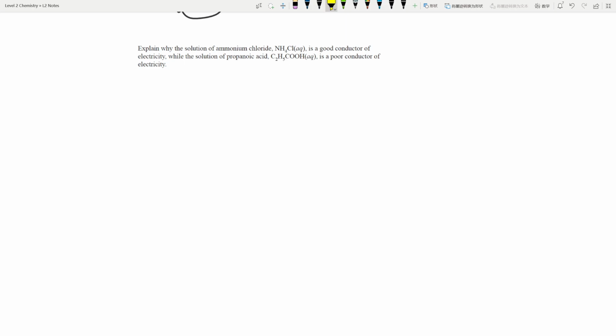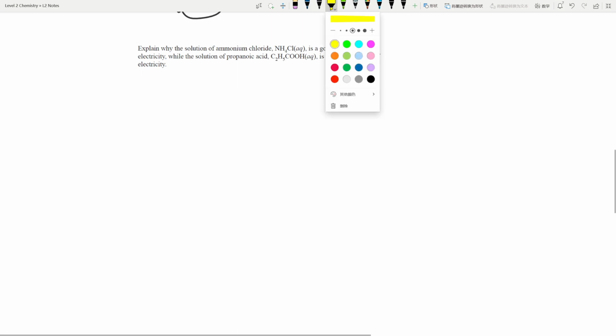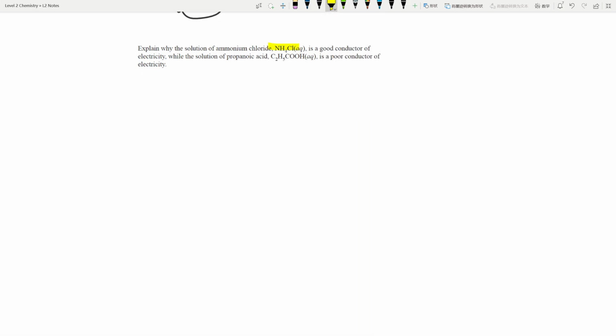Okay, now this is the second part. Why is the solution of NH4Cl a good conductor of electricity, and C2H5COOH a poor conductor of electricity? So remember, electrical conductivity depends on the concentration of free moving ions or electrons.